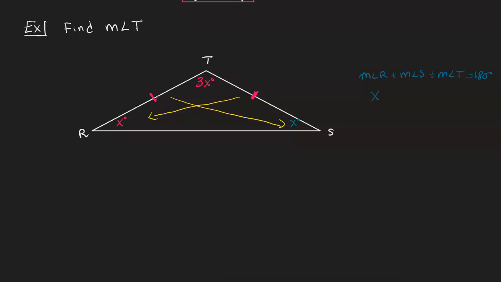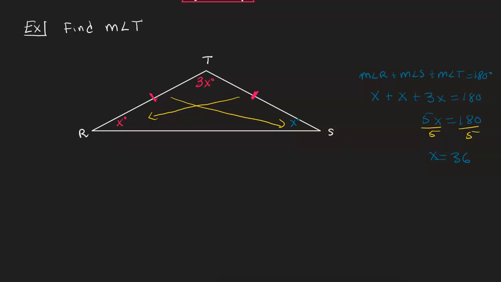Measure of angle R is x, the measure of angle S is x, and the measure of angle T is 3x, and they equal 180 degrees. x plus x is 2x, and 2x plus 3x gives me 5x. 5x equals 180 degrees. And now I'm just going to use inverse operations, divide both sides by 5, and I get x equals 36. So I just found the measure of x, which is angle R and angle S.